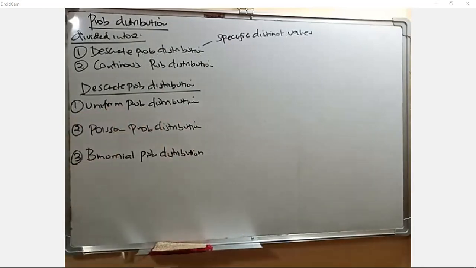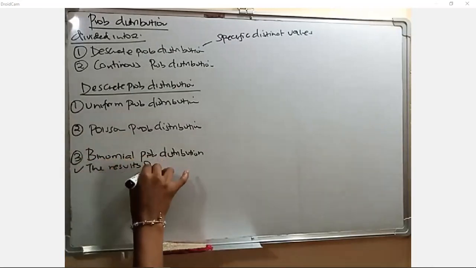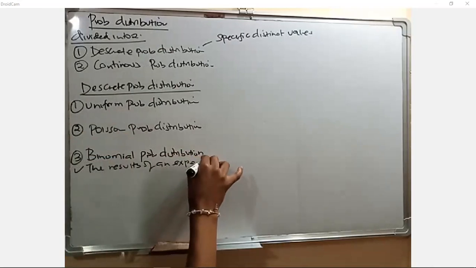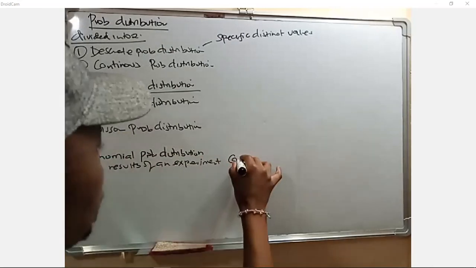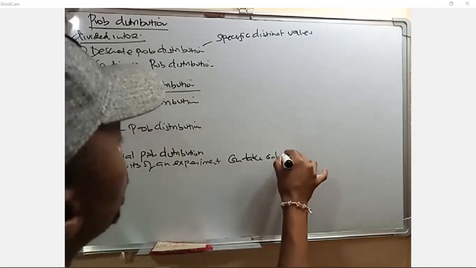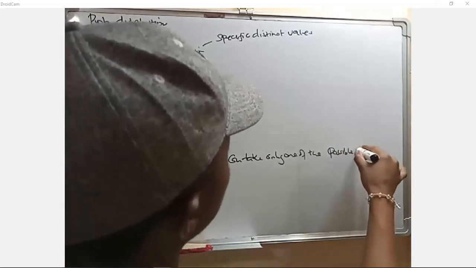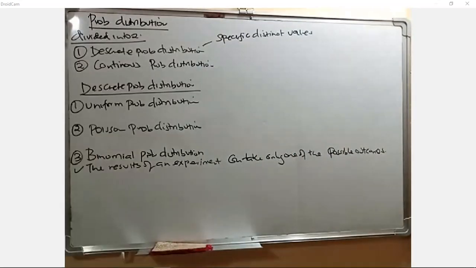But when it comes to the binomial, for instance, the results of an experiment can take only one of the possible outcomes of the experiment.